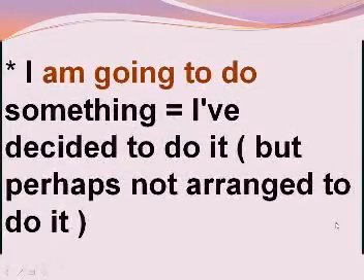I am going to do something means I've decided to do it, okay, but perhaps not arranged to do it. There is a difference. So I've made the decision, but I've not arranged to do it. There are certain things I should do in order to arrange.